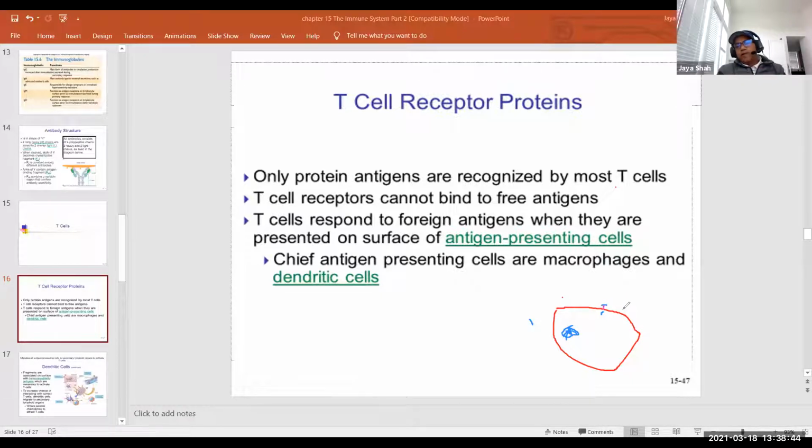So what is that red? This is called major histocompatibility complex, MHC. Now, when this phagocytic cell is presenting with the MHC on the surface, then the T cell will recognize it. Okay, there will be better diagrams coming. I'm just priming you so you understand.